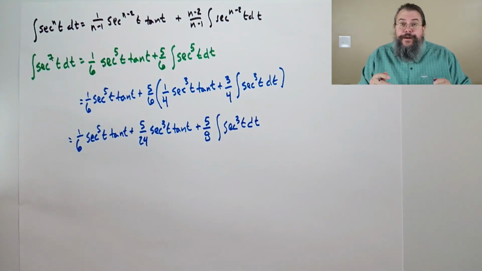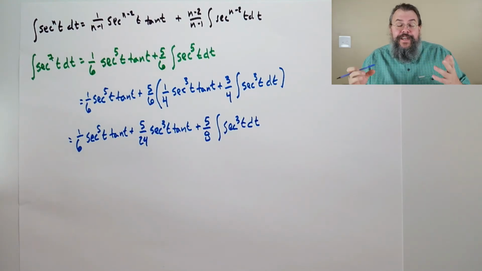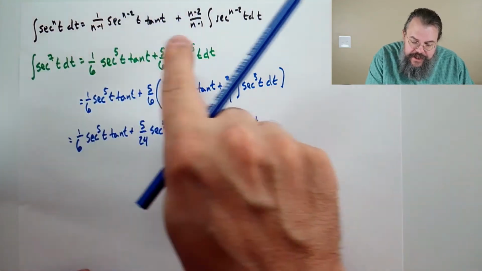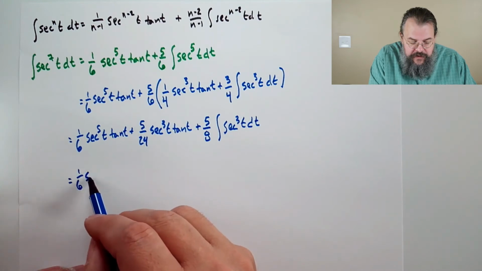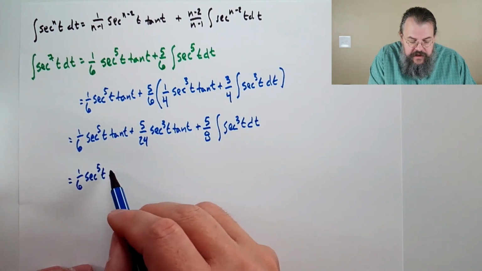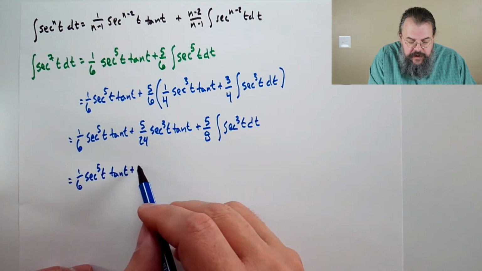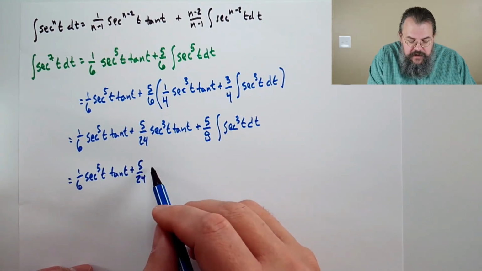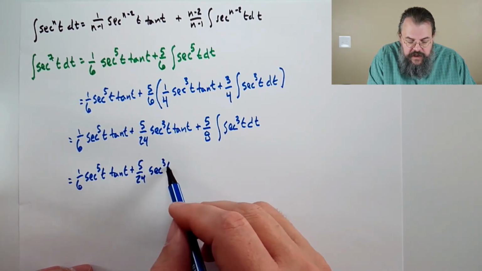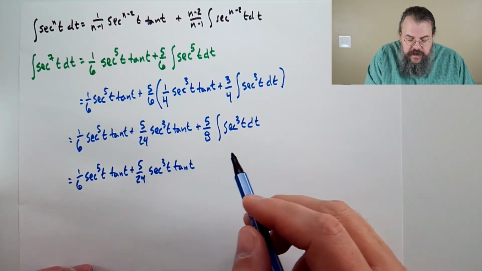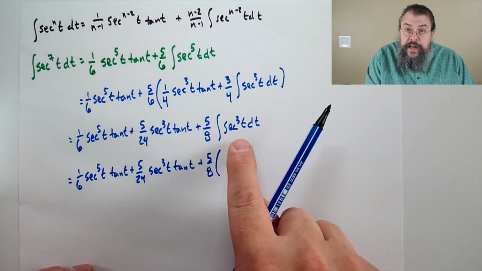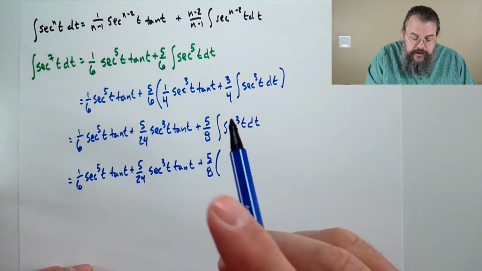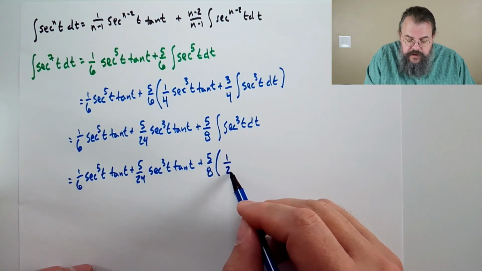Okay, great, progress. Well, but we're not done. We said, hey, that's the integral of secant cubed. Well, power reduction. So this is 1/6 secant to the 5th t tangent t plus 5/24 secant cubed t tangent t plus 5/8 times, okay, so now we're doing n equals 3. 1 over 3 minus 1 is 1 over 2.